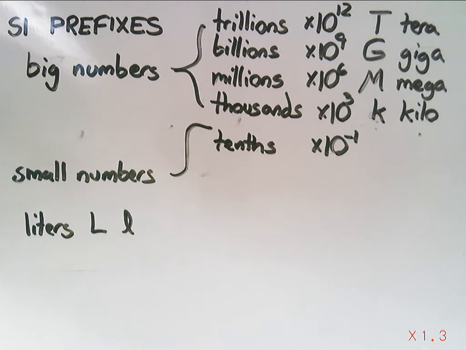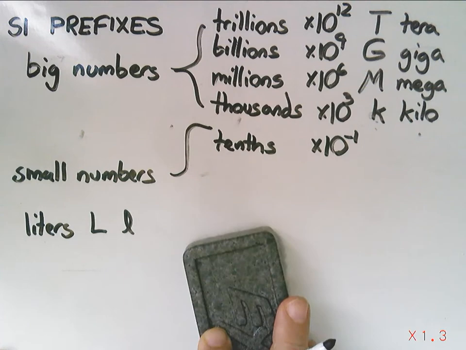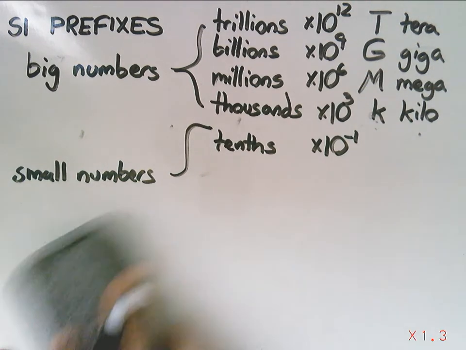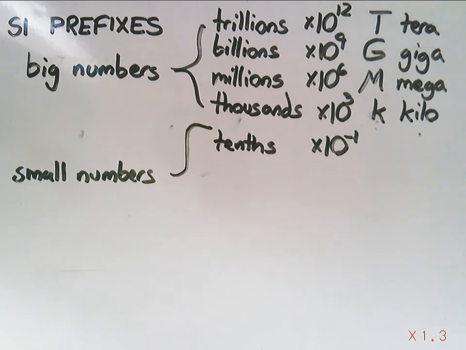Now, it's not in the SI base units. It's not a base unit, but it's a unit of volume. And we'll use it quite a bit in chemistry. You saw that we read graduated cylinders off in milliliters. I'll define it in just a minute, but it's about a quart.